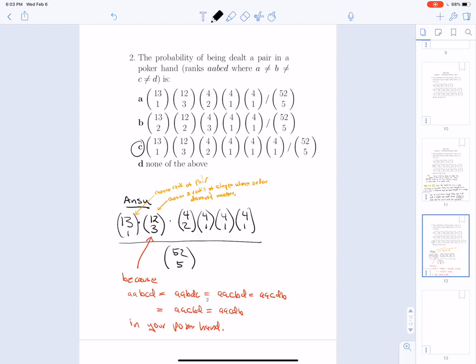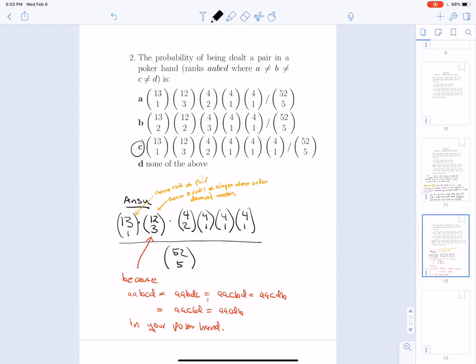The probability of being dealt a pair in a poker hand ranks A, B, C, D, where A is not equal to B, is not equal to C, is not equal to D is, and the answer was C. Okay, so here, again, the pair is distinguishable from the singles. So I have 13 choose 1, 12 choose 3, and then 4 choose 2, 4 choose 1, 4 choose 1, 4 choose 1, over 52 choose 5.